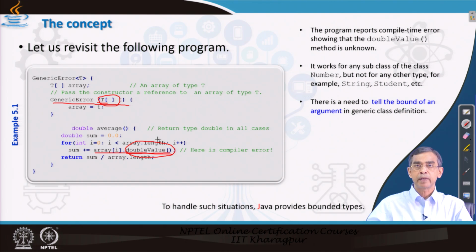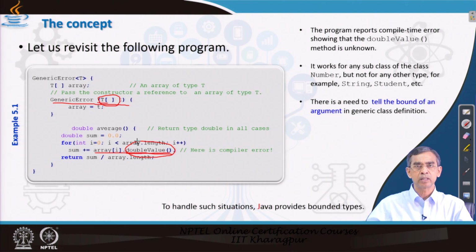If a method is defined in a class, then any object of that class or a subclass of that class can access this method. This means the doubleValue method is defined in the Number class, and subclasses like Integer, Double, Float, Long, Short, all these are subclasses of the Number class. That means this method resolution is applicable to Number as well as any subclass of the class Number.